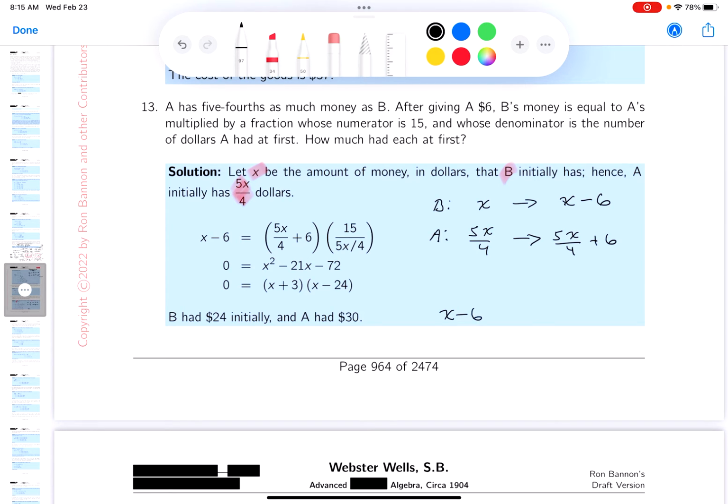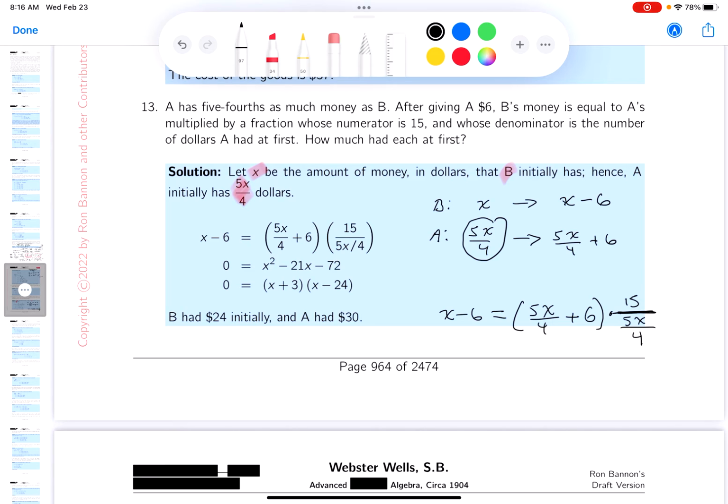x minus 6 is equal to 5x/4 plus 6 times, let's see, a fraction whose numerator is 15 and whose denominator is the number of dollars A had at first. That's right over here.